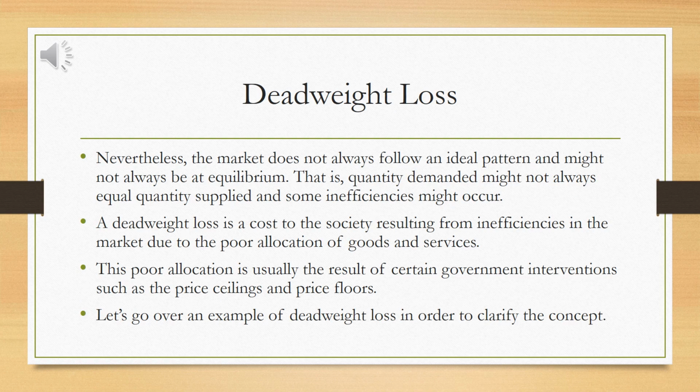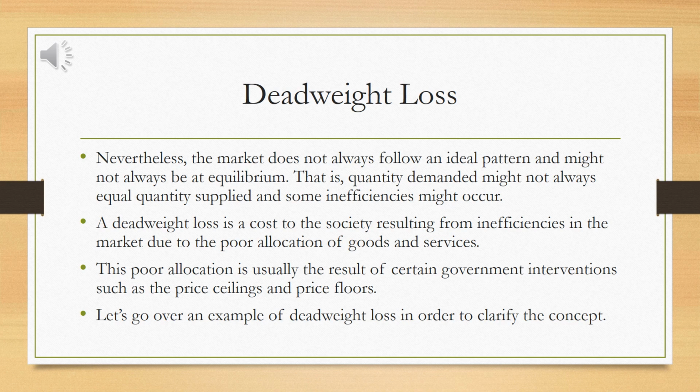Nevertheless, the market does not always follow an ideal pattern and might not always be at equilibrium. That is, quantity demanded might not always equal quantity supplied, and some inefficiencies might occur.